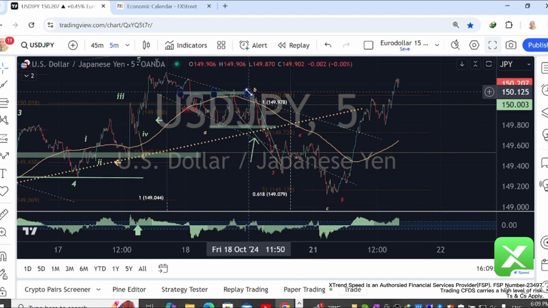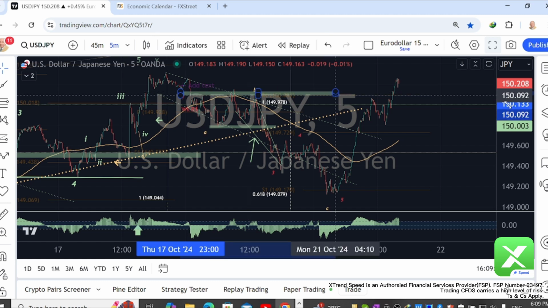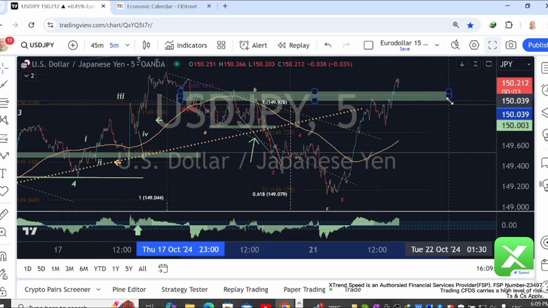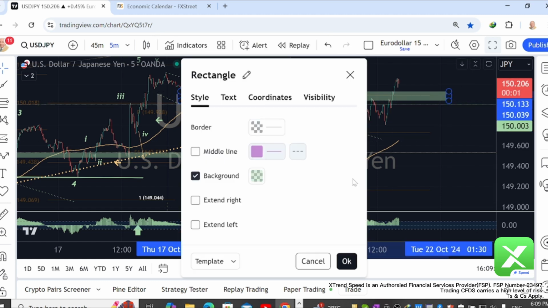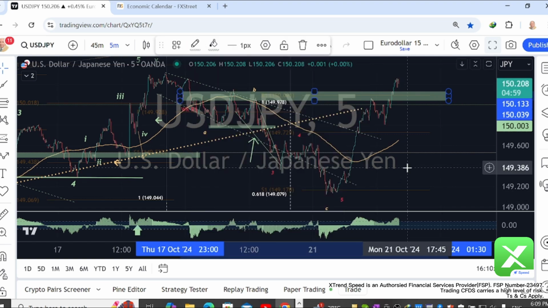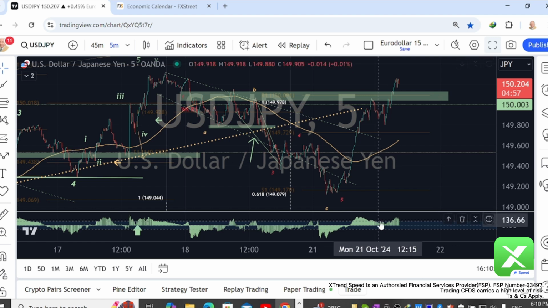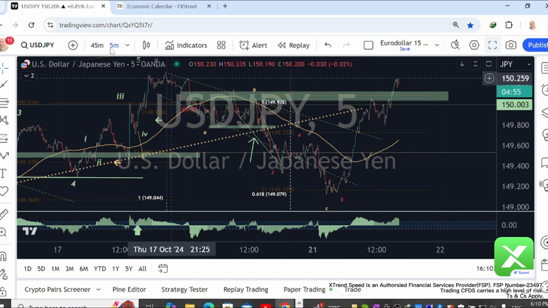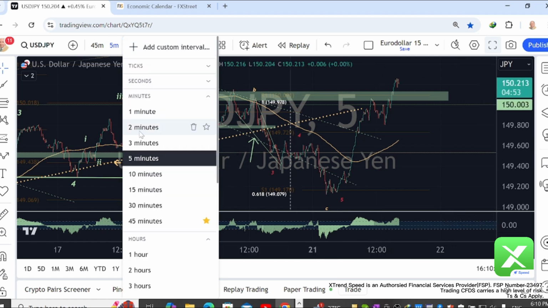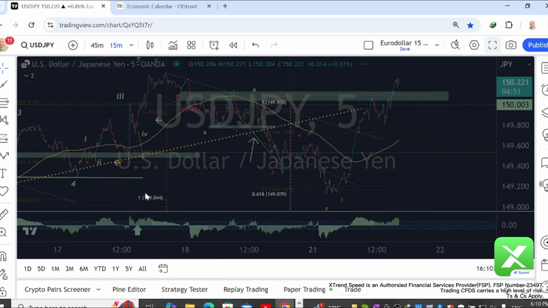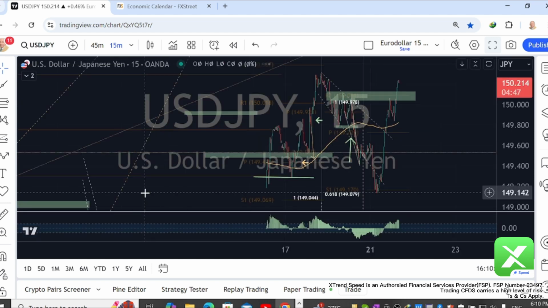I believe this neckline is working now. We saw the same neckline on the sterling yen. You have an indentation here. It's just a 5-minute, but it's correct even on such a very small frame.